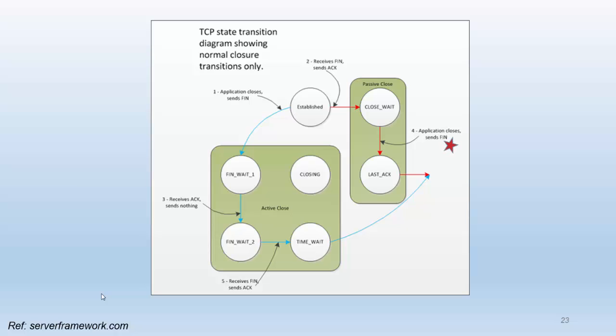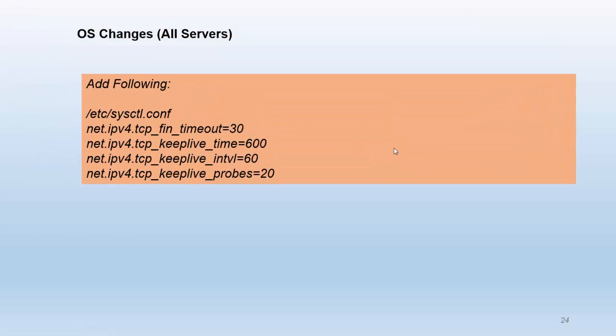So this is another picture. What I'm trying to say is that the application closes and sends FIN. If it does not, then that's the problem. So what we did is I went ahead, and Oracle probably had this in mind; in the release notes, I think somebody missed the release note.